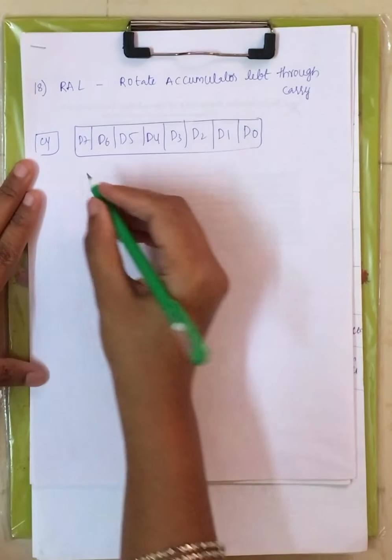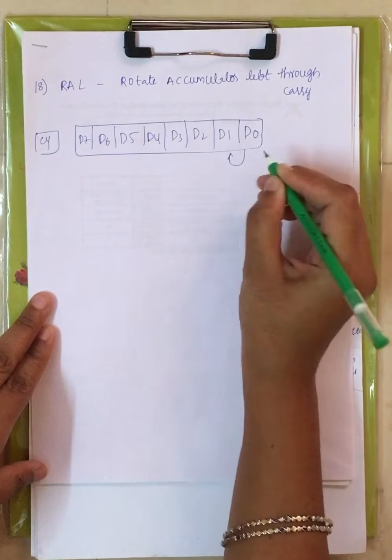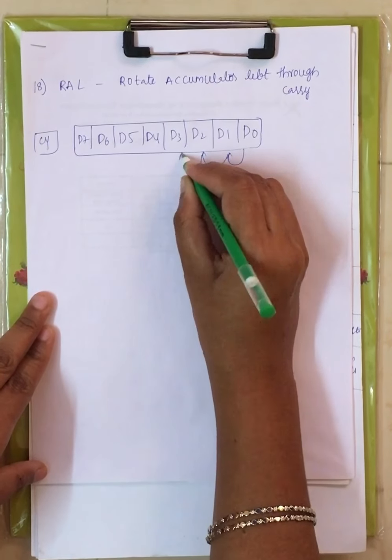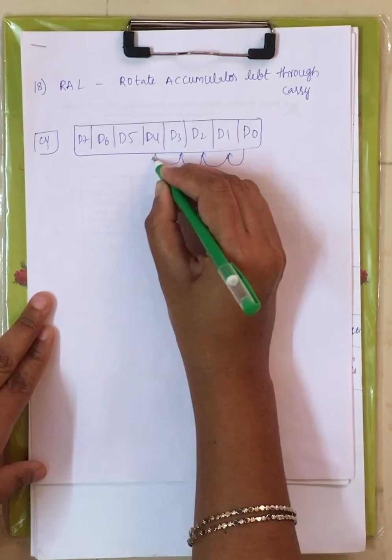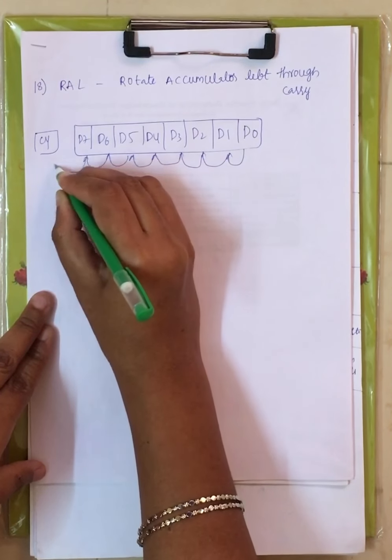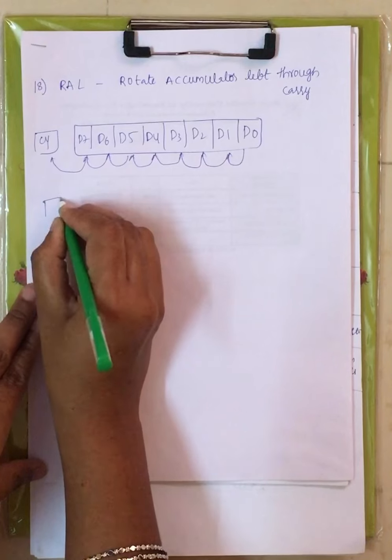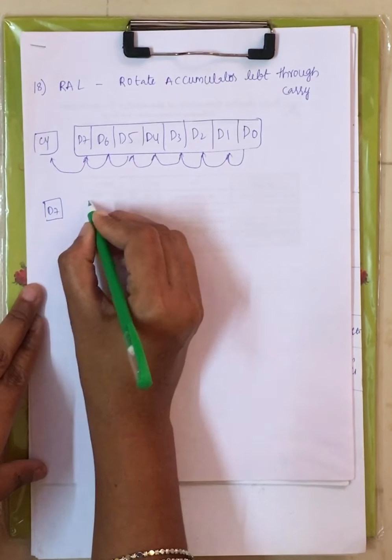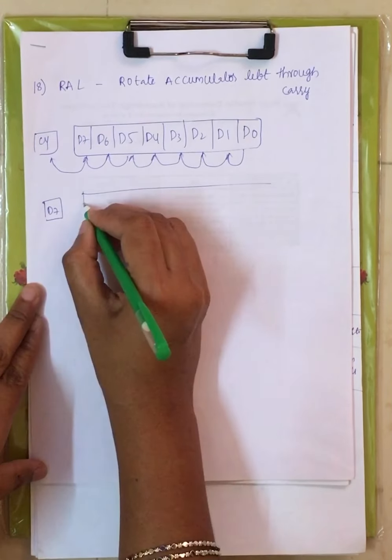Now you are shifting each bit by one adjacent left position along with carry, right? You are shifting, D2 will become D3, D3 becomes D4, D5, D6 and D7. Now carry is replaced by D7 because you are shifting to the adjacent left position.